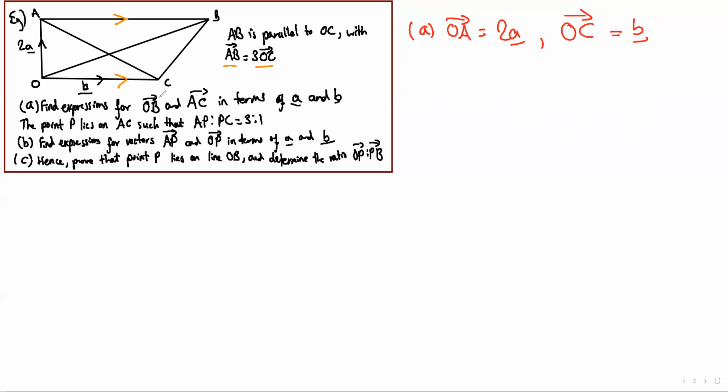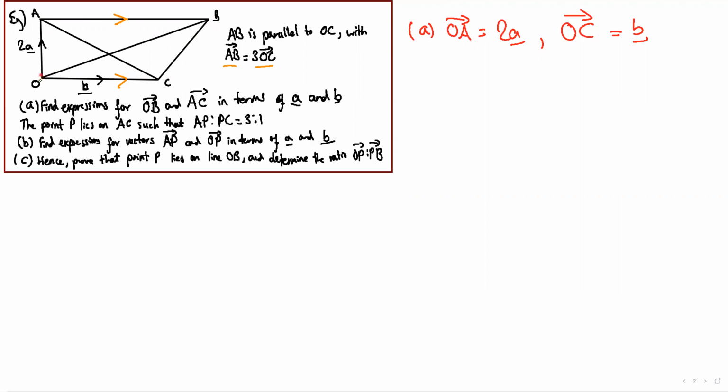And now what we want to do is find expressions for OB and AC in terms of A and B. So let's do that. So OB, again, we don't know this direct vector. So let's think of the path we can take. We can either take the path from OA to AB, or OC to CB, but we don't know what CB is, so we can't really use that path.